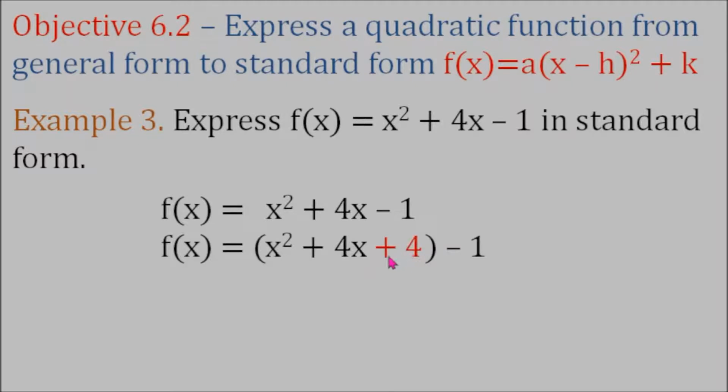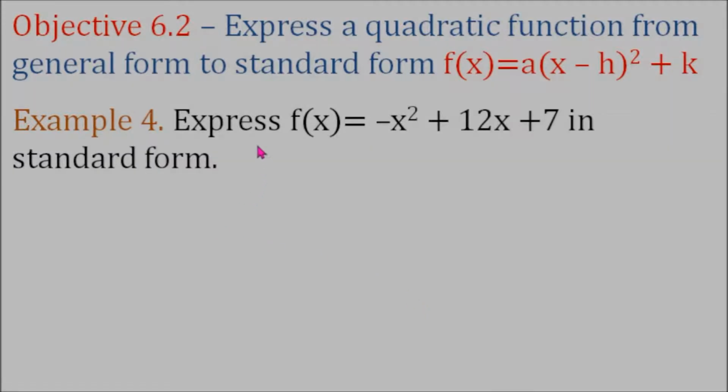And because we added 4 inside the parentheses, we are going to subtract 4 outside the parentheses to compensate. So, because this is already a perfect square trinomial, it can be written as the quantity x plus 2 squared. And outside the parentheses, minus 1 minus 4 is minus 5. So this is now the standard form.